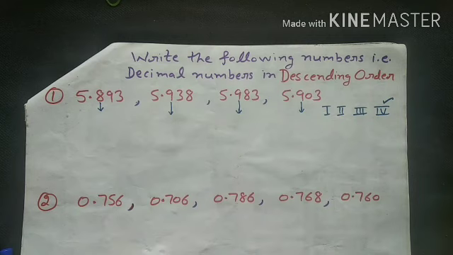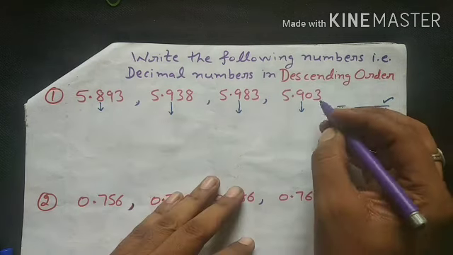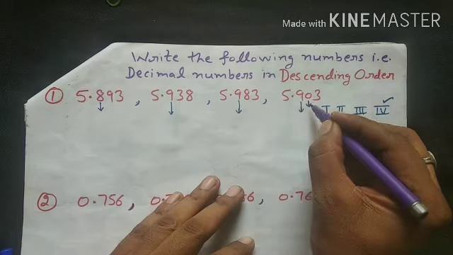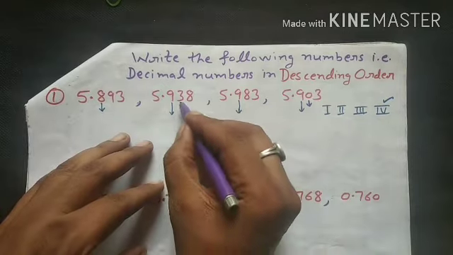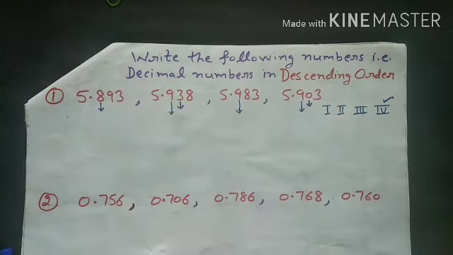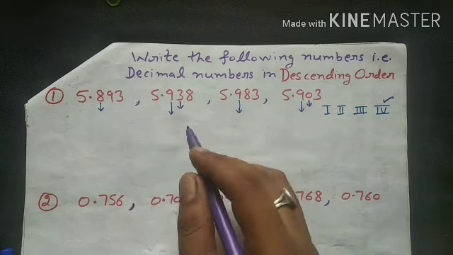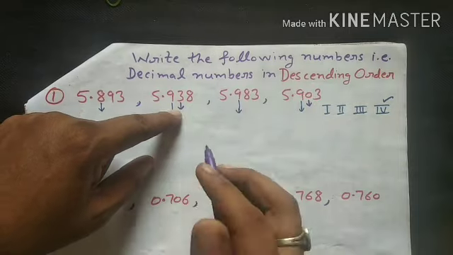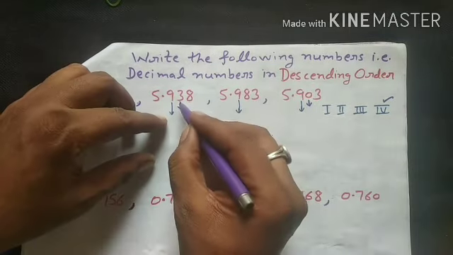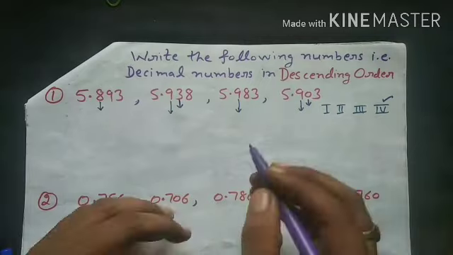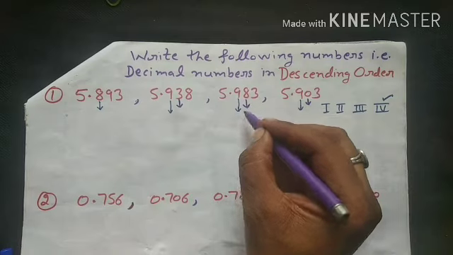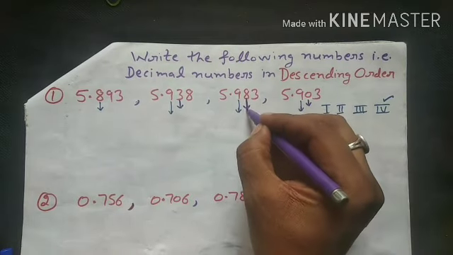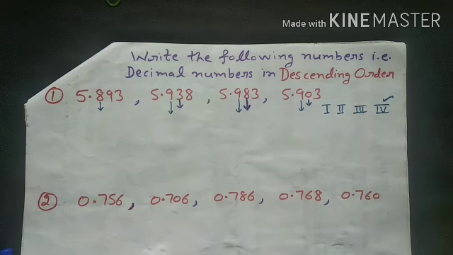Okay, so we can decide that 0 is having the smallest arrow, the 3 is having more than 0, therefore it will have an arrow with some more length than 0, and 8 is greatest, so 8 will have the maximum length of all.